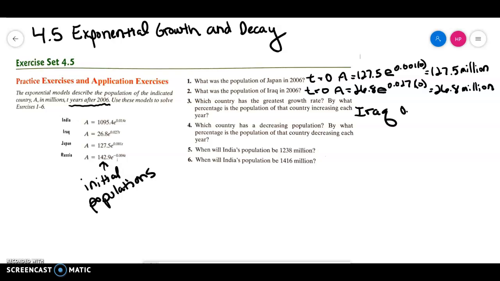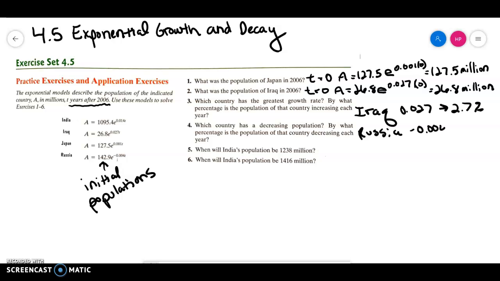So the 0.027 actually indicates a growth rate of 2.7%. For number 4, which country has a decreasing population? So this isn't just the smallest one, because even a small number is going to be increasing. But if we take a look at which one stands out, Russia actually has a negative value.